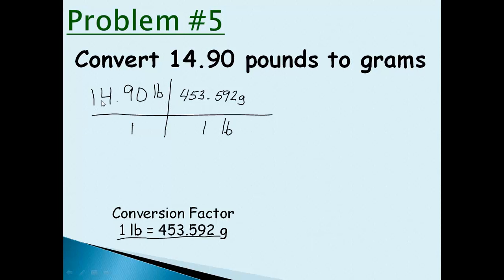We're going to multiply 14.90 times 453.592. If we plug that into our calculator and then divide by 1 and divide by 1, remember, dividing by 1 gives you the same thing.